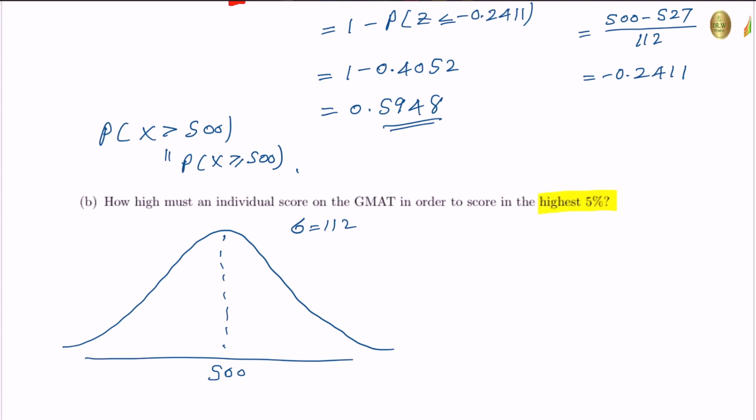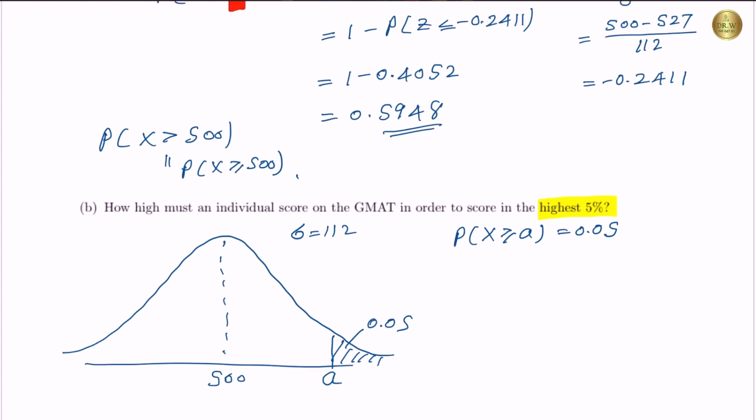That means we have 5% here, that is 0.05. So we need to find this value. I say it is A. In notation, I can write probability X greater than or equal A equals 0.05.